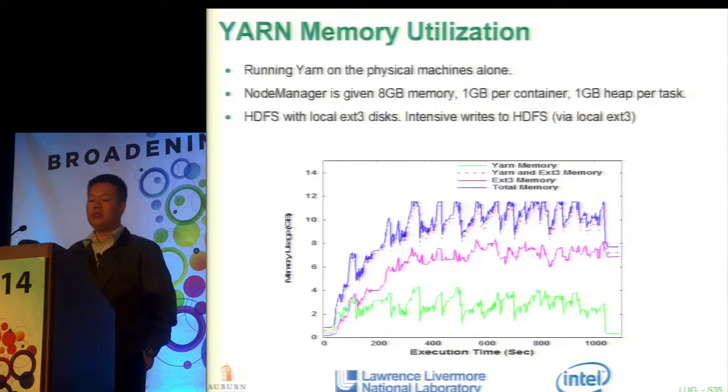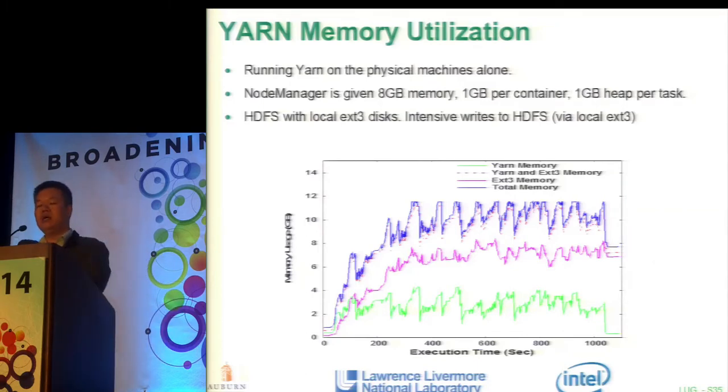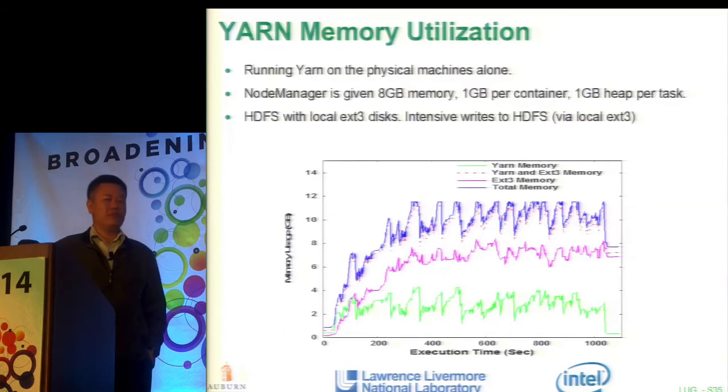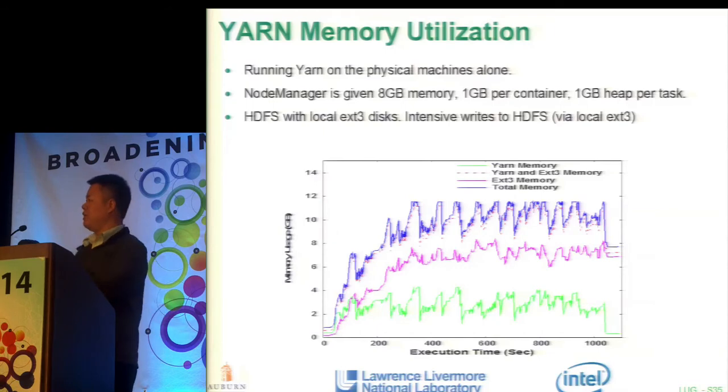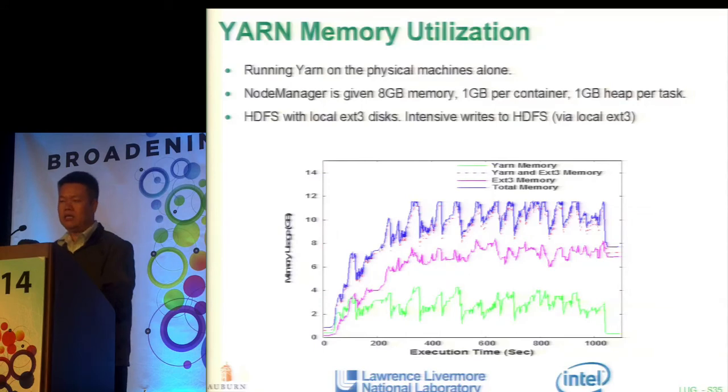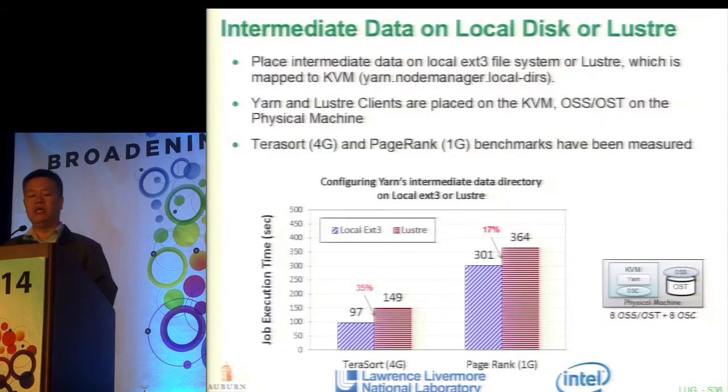We measure the memory consumption of YARN and of Lustre's local file system, and we do see a fluctuation as YARN's functionality changes. But if we put all this in a virtual machine environment, then that memory consumption is eliminated. By the way, this experiment is done in the physical environment, not running YARN on a virtual machine, but we want to first exhibit the problem, then show that separating YARN functionality in the virtual machine can eliminate it.